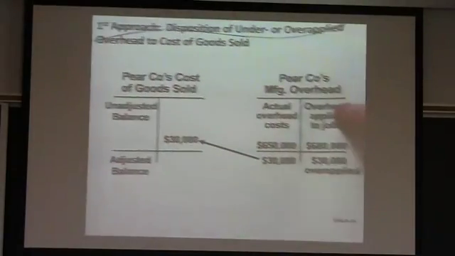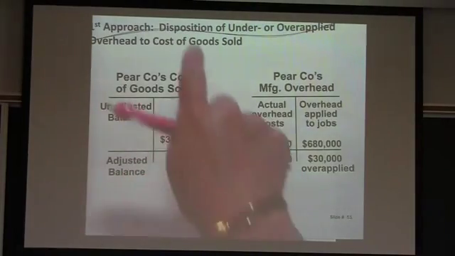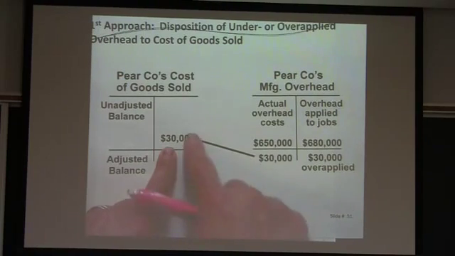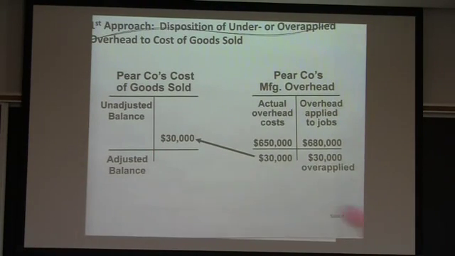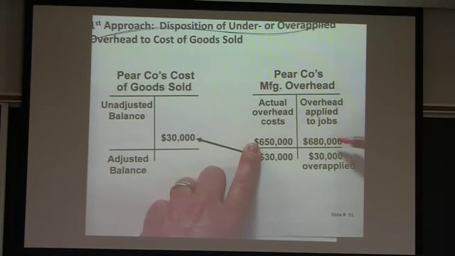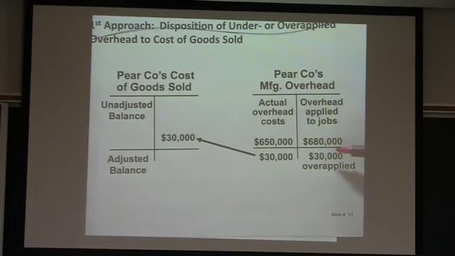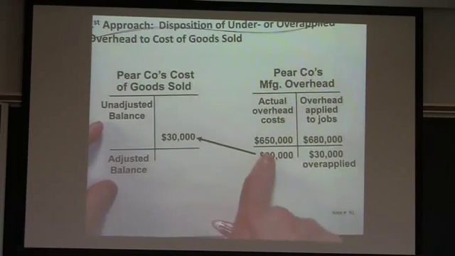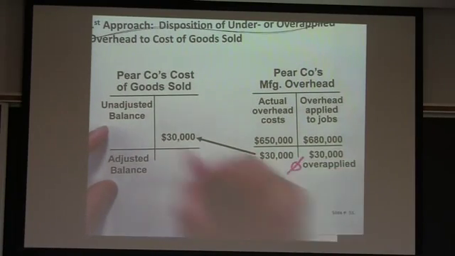Okay? Now, what we saw in that case is the first method of handling over- and under-applied overhead, where we said we're going to push it all to cost of goods sold. And in our case, what we applied is more than what we actually incurred, just like ABC. So we took that $30,000 and we debited manufacturing overhead to make this go to zero, and we credited cost of goods sold.